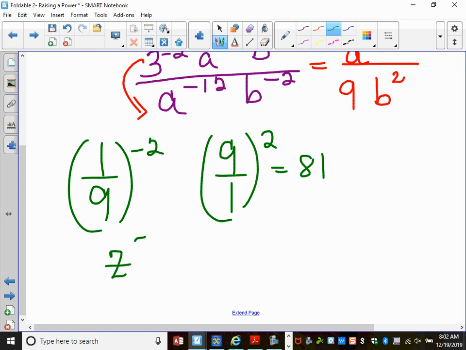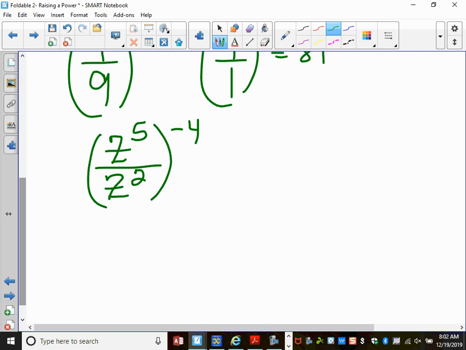So let's say we had z to the 5th over z to the 2nd. And then I raise that to the negative 4th power. So if you wanted to, you could actually just simplify the z to the 5th over the z to the 2nd right away.